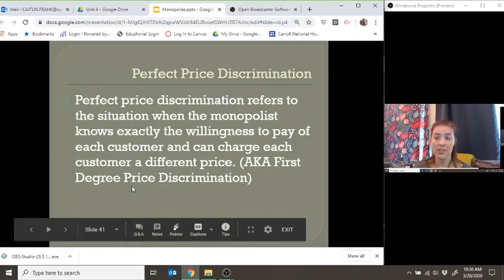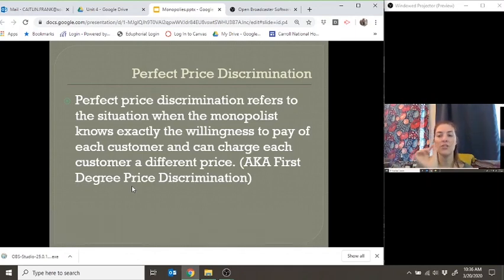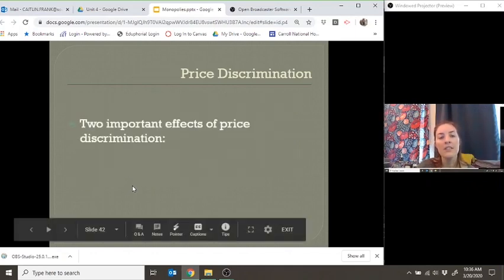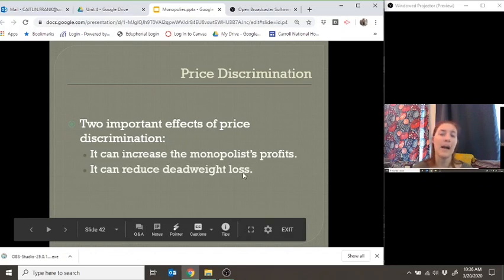And perfect price discrimination is that extreme scenario I just said, where each consumer is charged their max price. Now, this wouldn't really be ethical in the real world, so perfect price discrimination isn't one that exists as much, where each person has to pay a different price depending on their max one. But on smaller levels, it happens all the time.